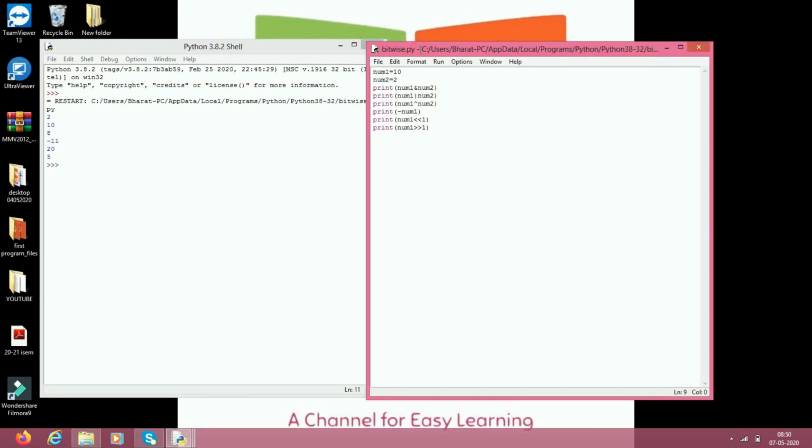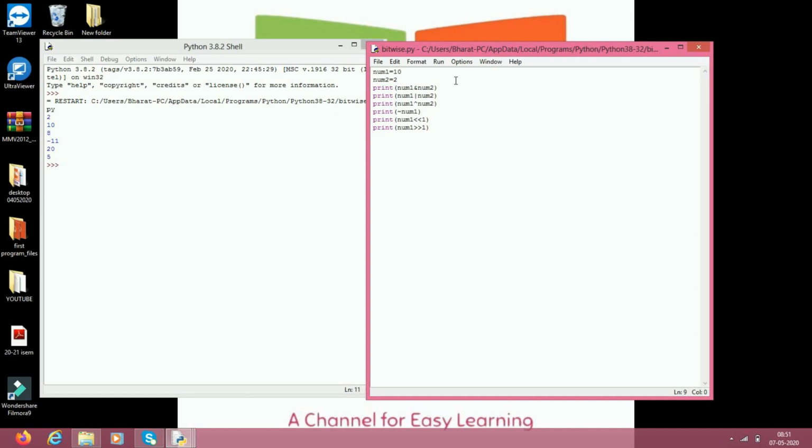2, 10, 8, minus 11, 20, 5. So number 1 and number 2: if you apply the AND operation for 1 0 1 0 and 0 0 1 0, we get 2. Same like that you can apply the XOR. Already we discussed the theory of how the bitwise operators work on variables.